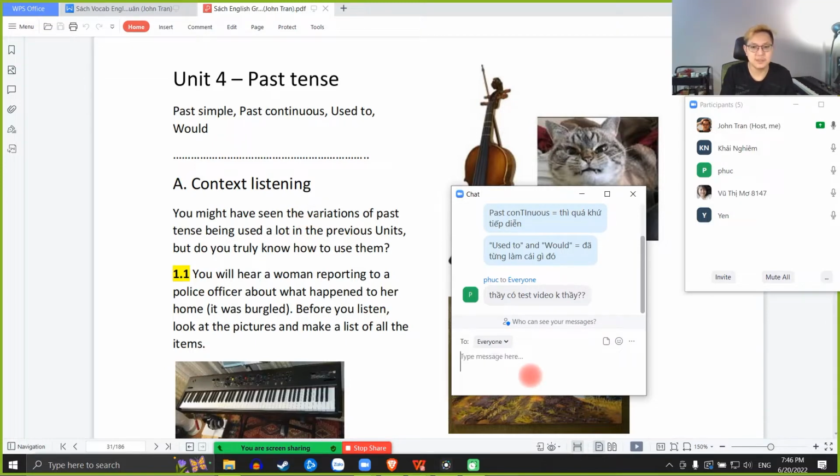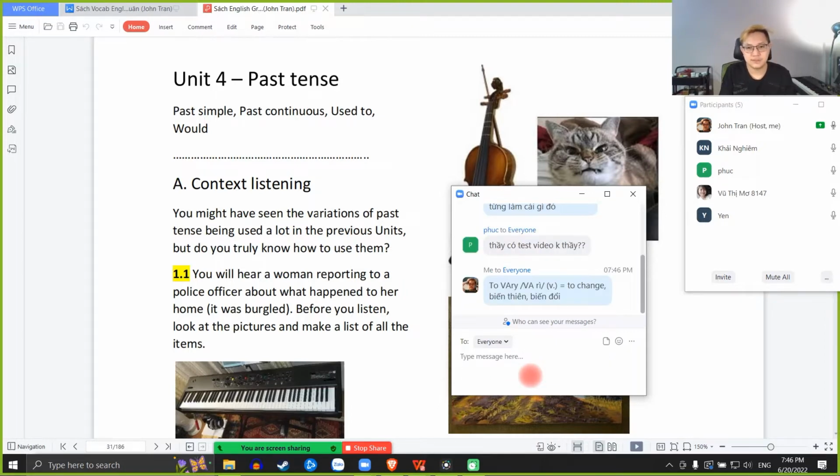So what is variation? It starts from the verb to vary. The verb to vary means to change: biến thiên, biến đổi. And the noun form is variation, sự biến thiên, sự biến đổi.